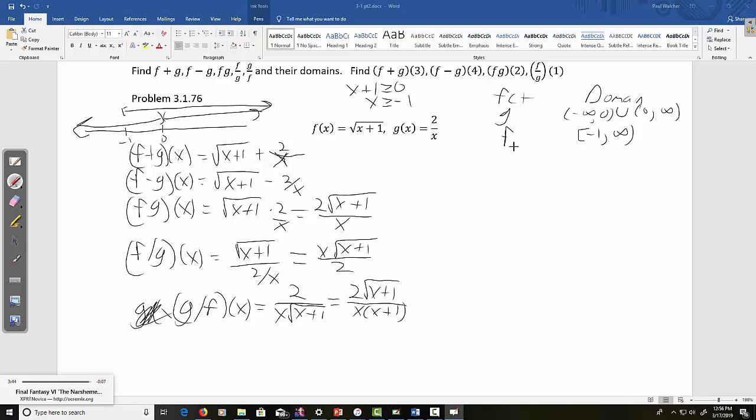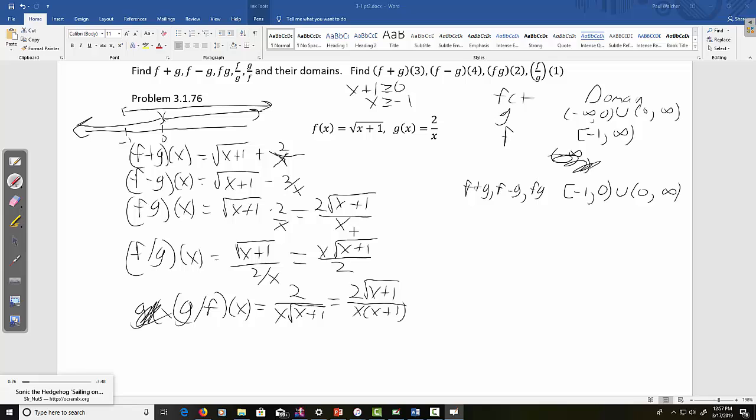So the intersection domain would be negative 1 to 0 union 0 to infinity. That intersection domain is always the domain for f plus g, f minus g, and fg.